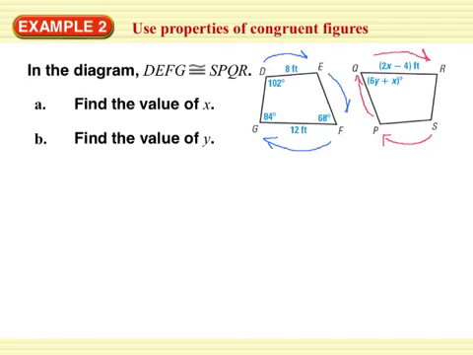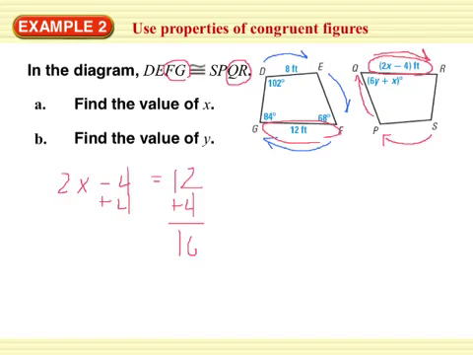QR was the last piece. So QR has an unknown on it. We're comparing that to FG, which is right here. So you can say 2x minus 4 equals 12. Add 4 to both sides. x equals 8.